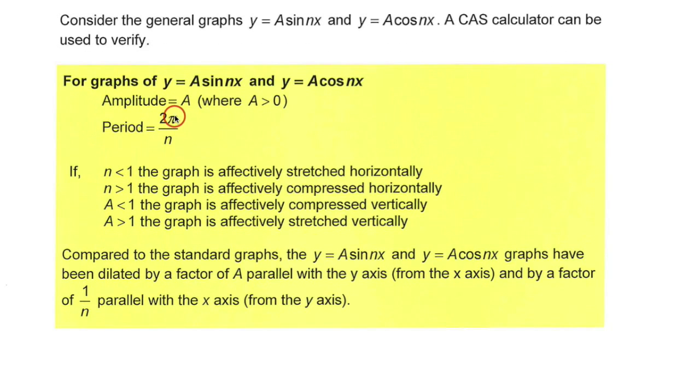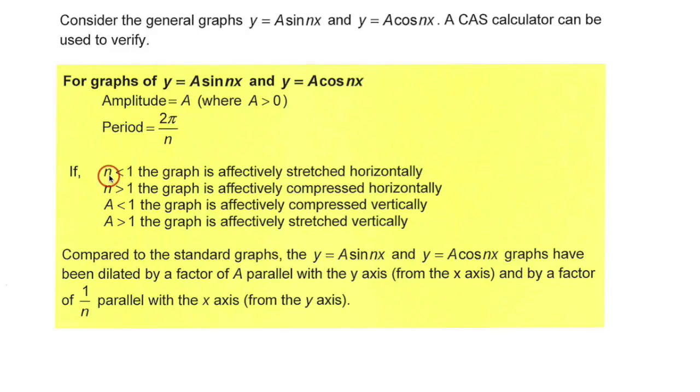If we had the basic y equals a sin nx and y equals a cos nx, then the amplitude is a. That's assuming that a is positive. Of course, if a was negative, then it would be just the magnitude of that. In other words, we're looking at the size of the a value and not the sign of it. The period is 2 pi on n, where n is the coefficient of x.